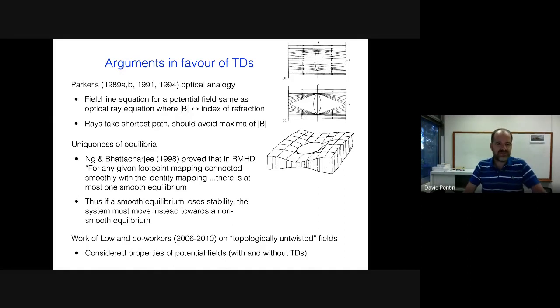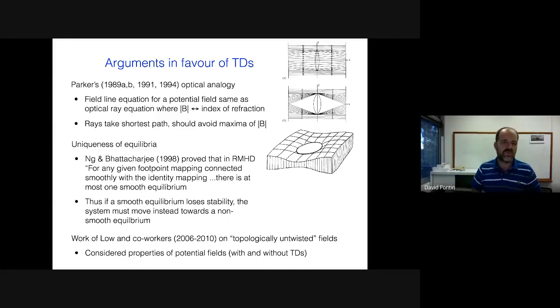Okay, next up, there's an argument based on the uniqueness of equilibria. So Ng and Bhattacharjee in 1998 exploited the fact that the reduced MHD equations are analogous to the 2D Euler equations, and they used that to prove that for reduced MHD, for any given foot point mapping that's smoothly connected with the identity mapping, which is what you have for a uniform field, there is at most one smooth equilibrium.